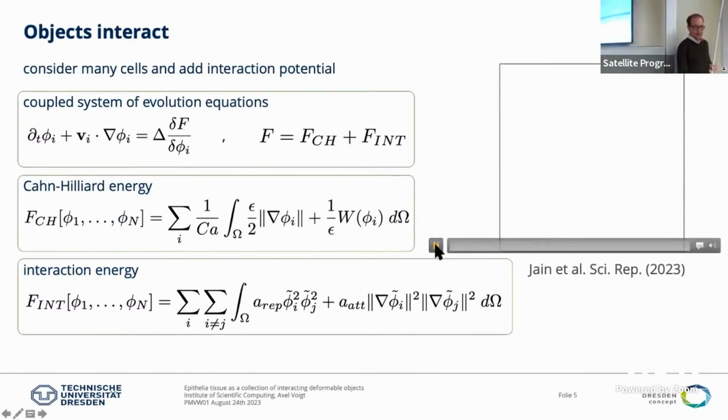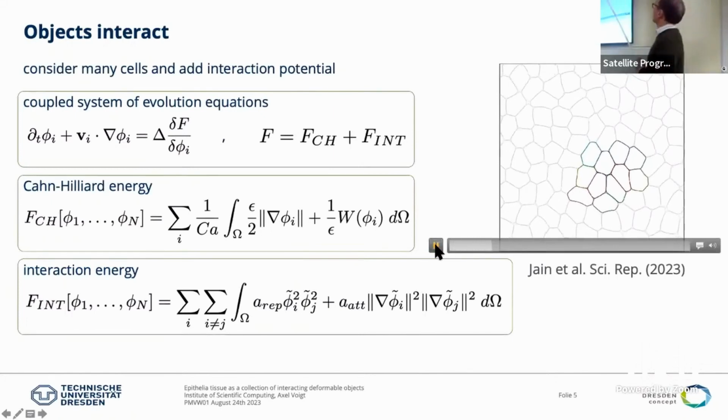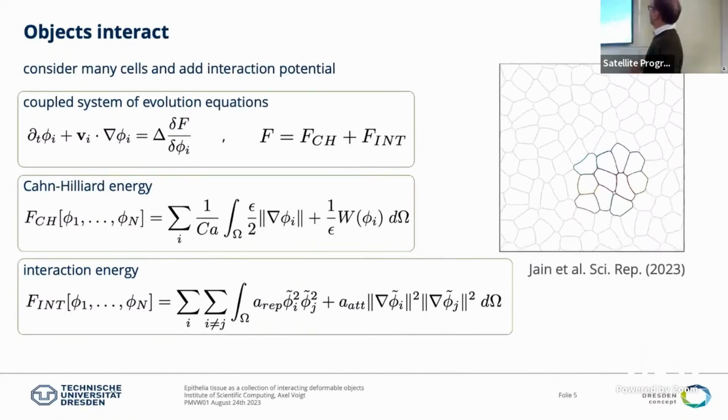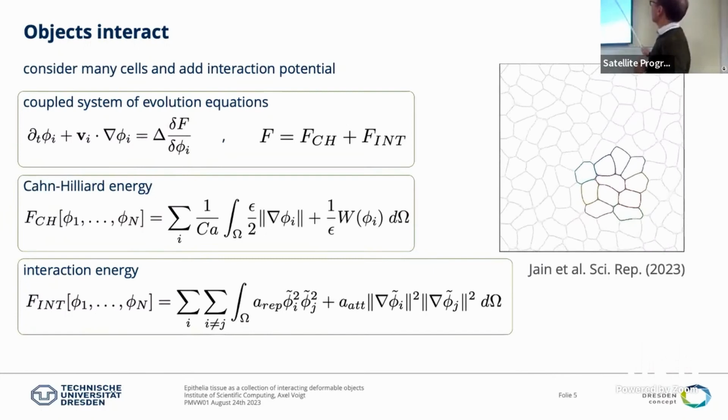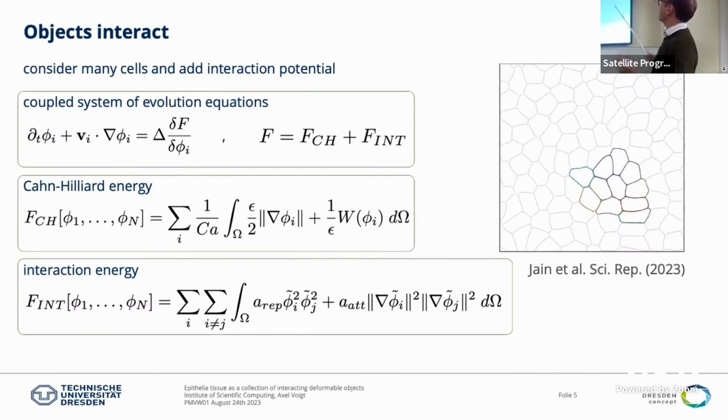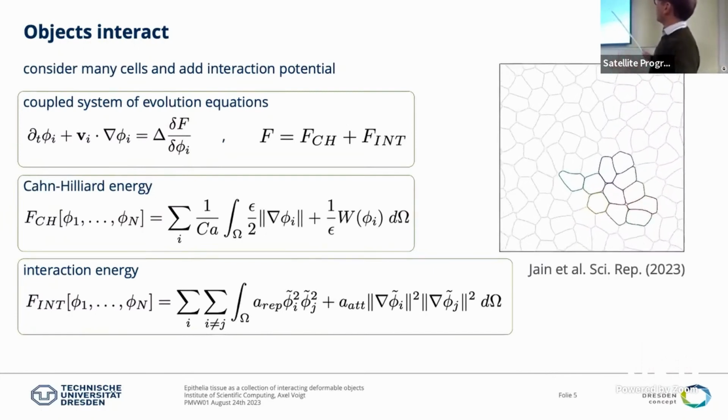Here's an example of a couple of cells in some periodic boundary, and some are color-coded, and they move, and they deform, and they undergo some T1 transitions, and so on. And now, what we have to solve is this coupled system of n equations, and it couples through that.